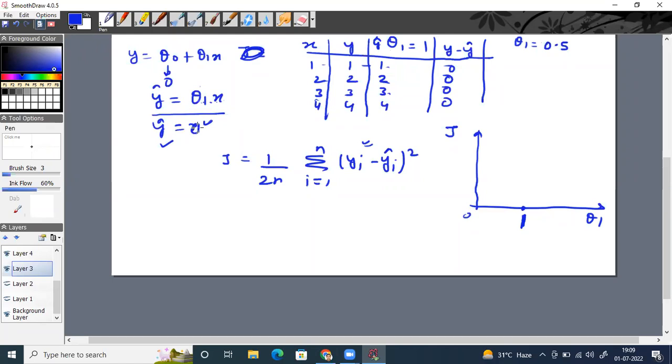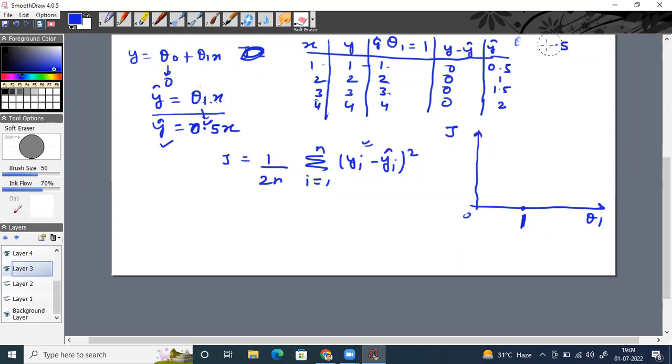It will become 0.5 times x. So if I find my y hat this time, it will be 0.5 times x. It will become 0.5, it will become 1, it will become 1.5, it will become 2. Right or wrong?